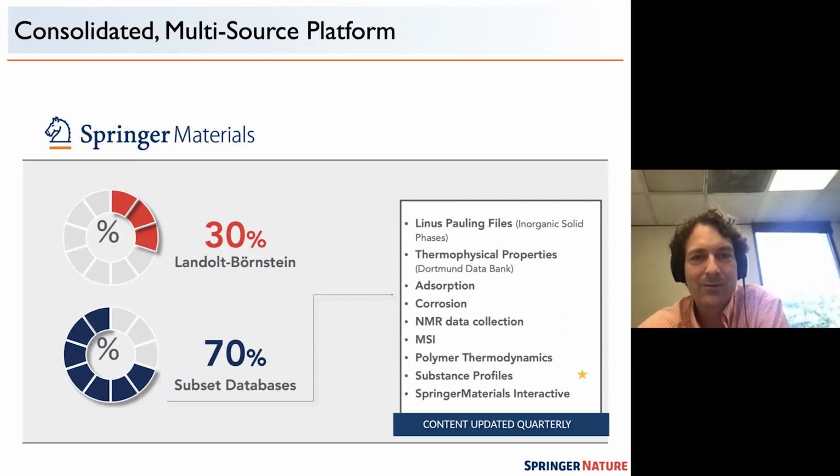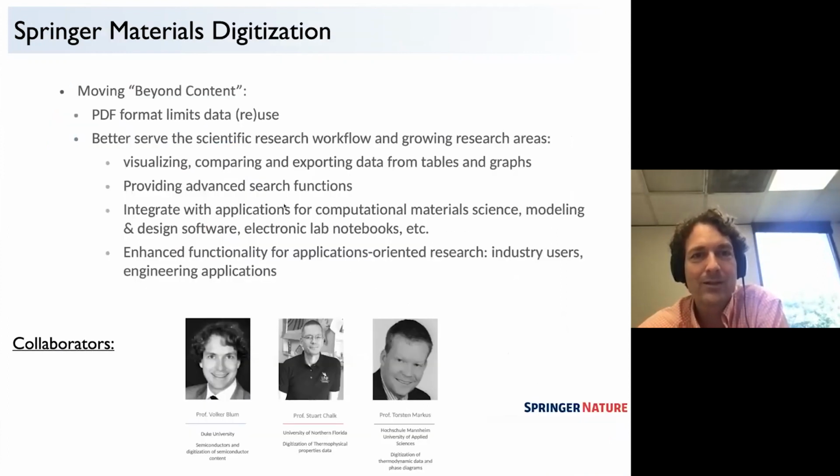And Landolt-Bernstein, for me personally, is of interest because, I did not mention this, but it turns out we actually got involved sideways a little bit, not directly related to hybrid organic-inorganic perovskites, but to help digitizing and reformatting the content of the semiconductor collection of Springer Materials to make that ready for digital incorporation.